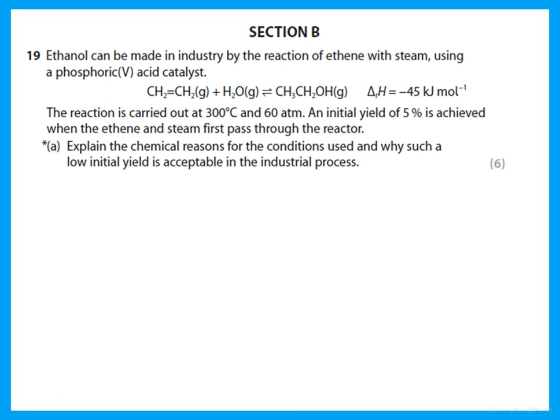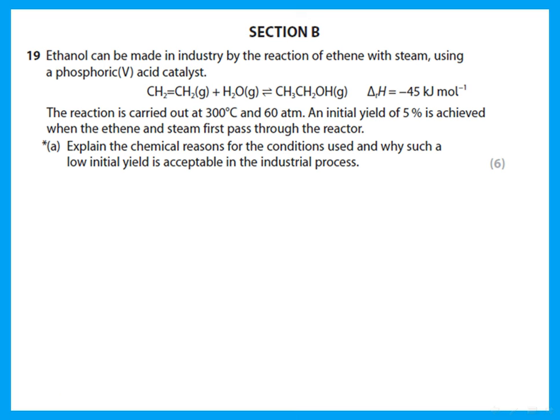Then we go into the second section. The second section is questions with short answers. Ethanol can be made in industry by the reaction of ethene with steam using phosphoric acid catalyst. So he's reacting ethene with steam to give ethanol, and he's saying the reaction is carried out at 300 degrees Celsius and 60 atm.